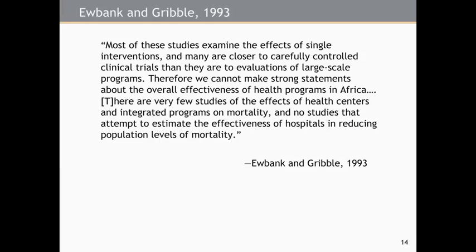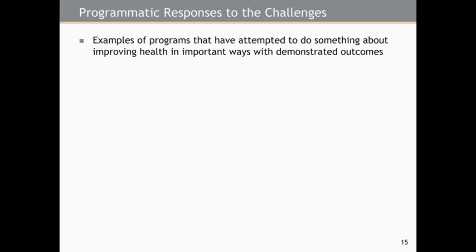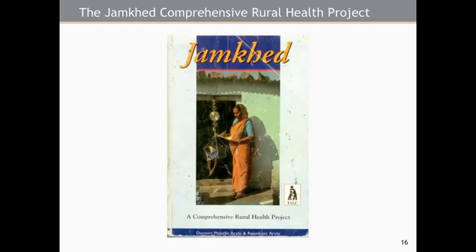This statement is just as current and appropriate today as it was almost 2 decades ago. So, given this reality, I would like to share with you several examples of programs that have attempted to do something about improving health in important ways, with demonstrated outcomes as well.